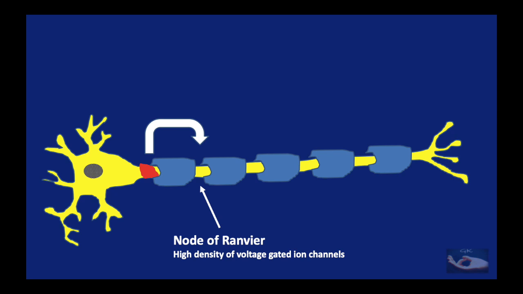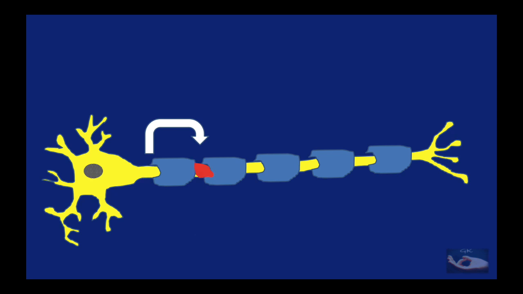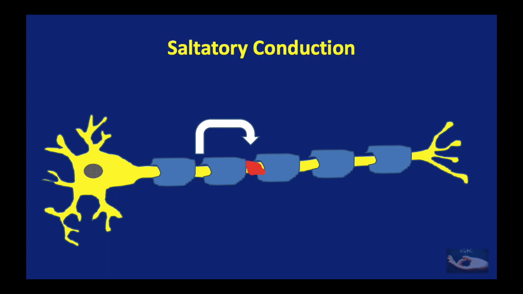It jumps over the myelinated portion to the next node of Ranvier, which has a high density of voltage gated ion channels, and that segment is depolarized next. This type of conduction is called saltatory conduction and is much faster than the usual continuous conduction that we have seen. As we can see, this fast method of conduction is possible only in the myelinated neurons.